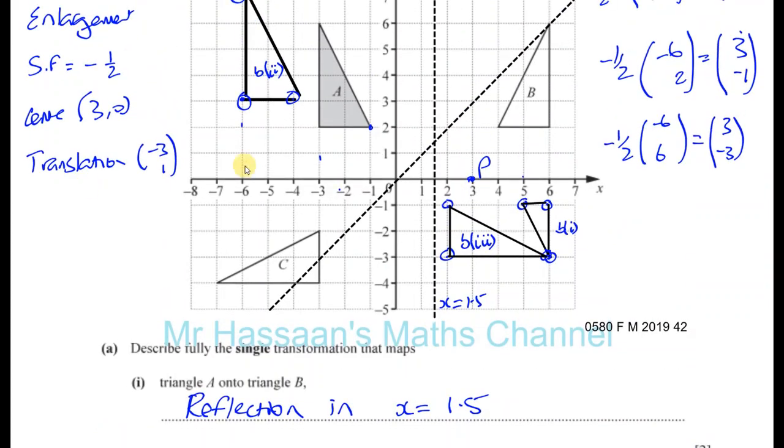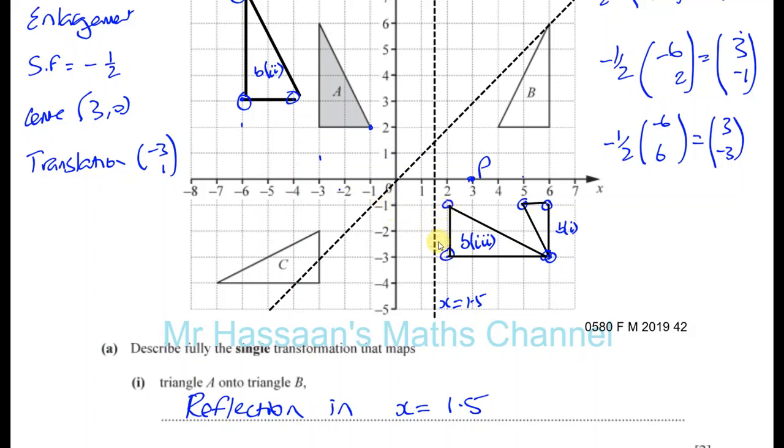But if you were to reflect in this line, you would say this point is 1.5 spaces away from the mirror line. If I continue this line perpendicular to the mirror line, you're going to have 1.5 spaces on the other side. The perpendicular distance between this point and the mirror line is 2.5 diagonal squares, and that's where that image is.